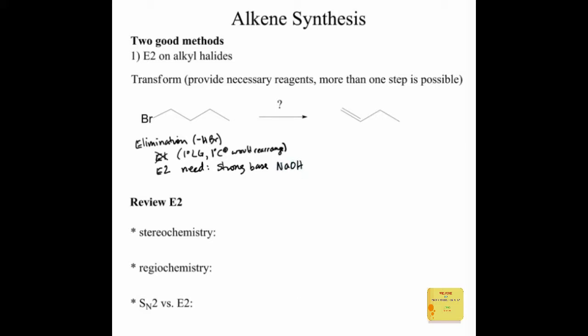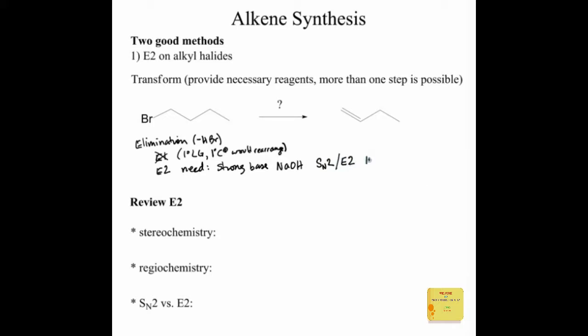That would definitely be a strong base. But let's take a look at this starting material, 1-bromobutane, and think about its reaction with sodium hydroxide. Yes, it could do the E2, but is there another reaction that hydroxide can do? Remember that hydroxide can be both a base and a nucleophile. So we have our competition here between SN2 and E2.